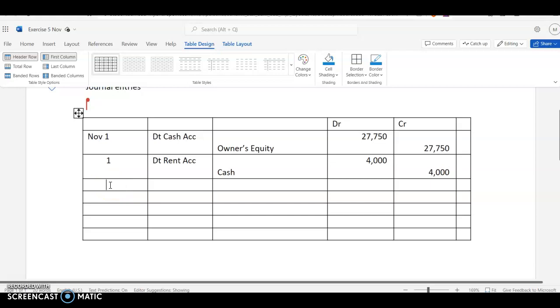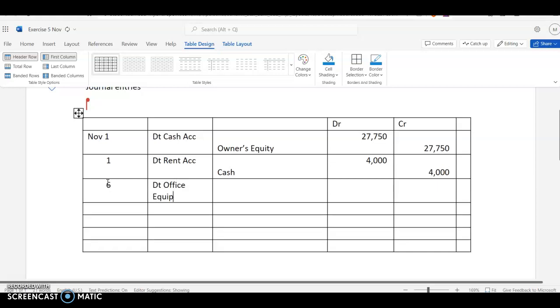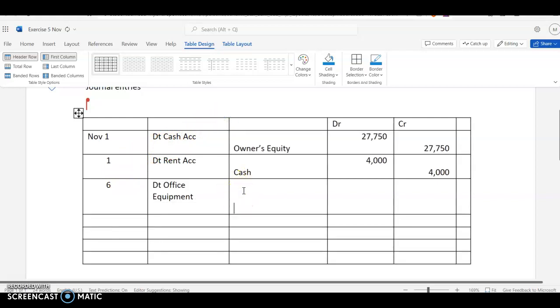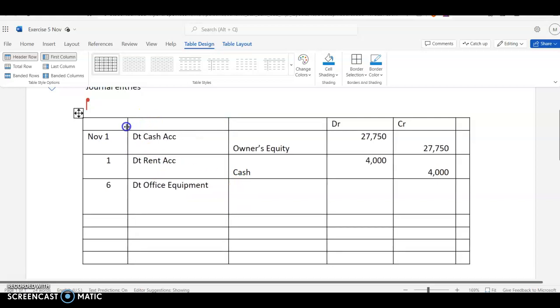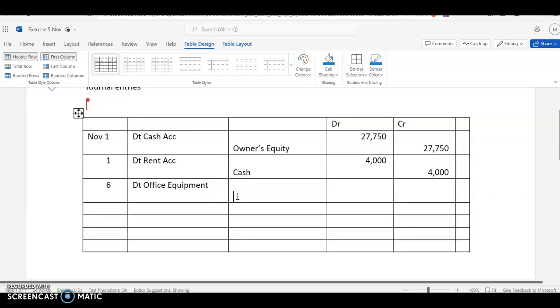November 6. Okay, this one is purchase of office equipment, debit office equipment. Credit cash, yes, cash.